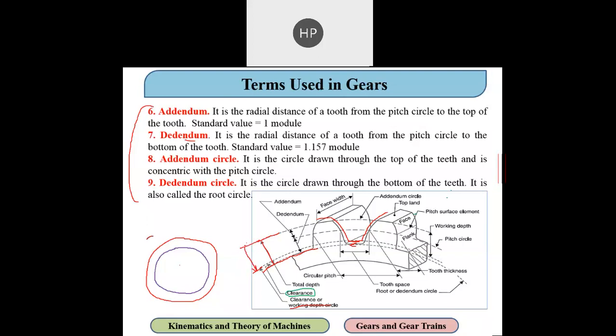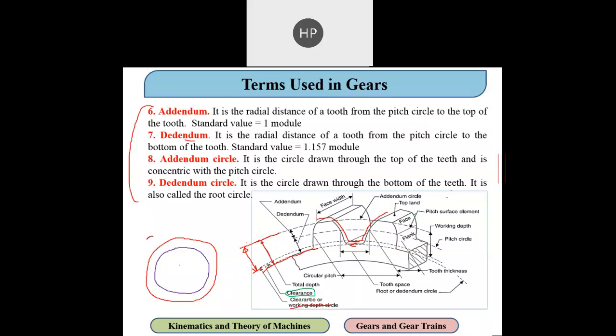So there are two different depths: the actual depth or total depth, which starts from top to bottom. But out of that total depth, only a certain portion is used, and that portion is known as the working depth, while the remaining portion is known as the clearance.